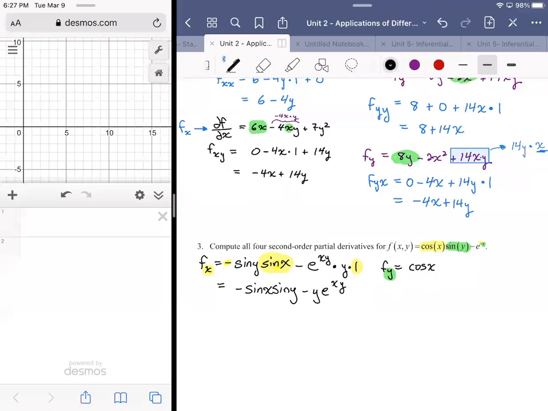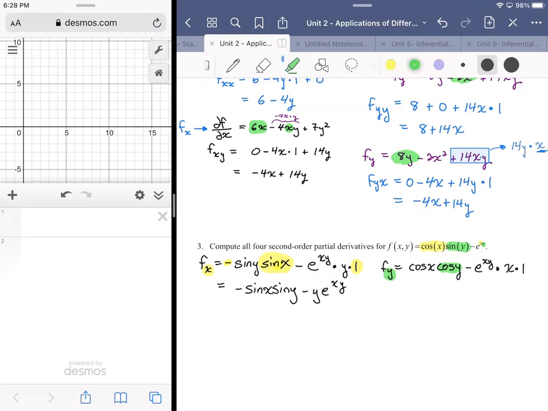Sine y has the derivative of cosine of y. Minus, same idea for exponential e, rewrite it as is, and multiply by the derivative of the exponent. If y is the variable and x is the coefficient, then the derivative would be x times the derivative of y with respect to y, which would be 1.